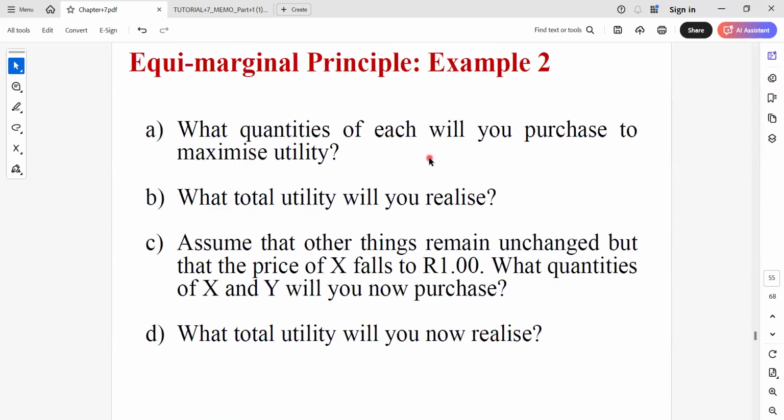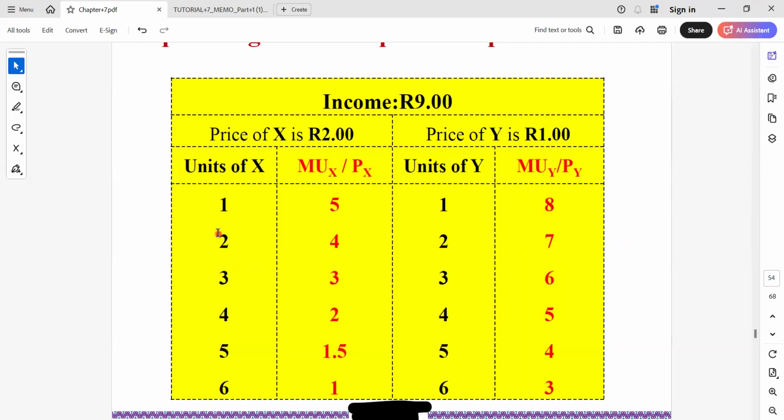So the question here is, if the combination is 5 and 2, what total utility will you realize? So it's 2 and 5. Calculating the total utility of having 5 units, you basically just add your marginal utility until you get here.